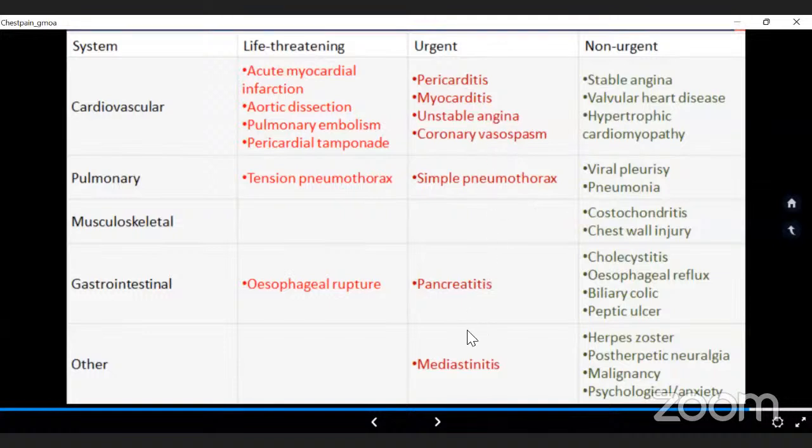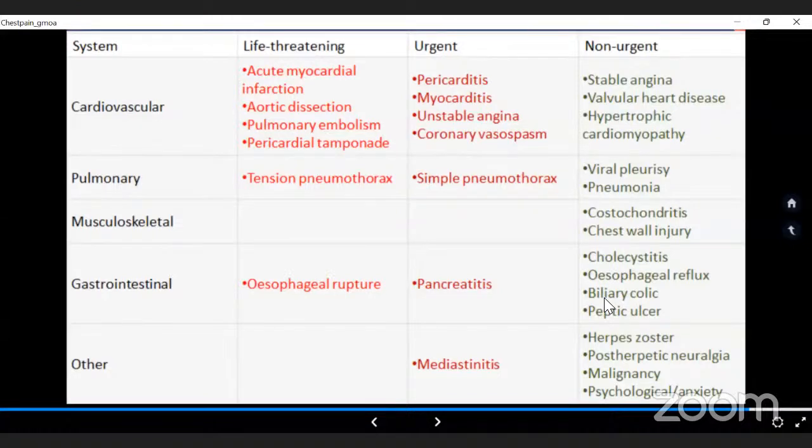So they will have some high risk features which have to be managed, but I am not going to talk about them. And non-urgent stable angina has to be admitted if it is worsening, but not that urgent. Hypertrophic cardiomyopathy can cause chest pain sometimes. Viral pleurisy, pneumonia, costochondritis, chest wall injury, cholecystitis, esophageal reflux, biliary colic, and herpes zoster.